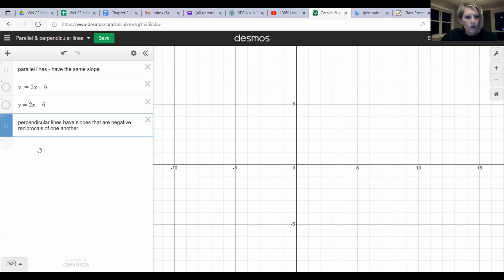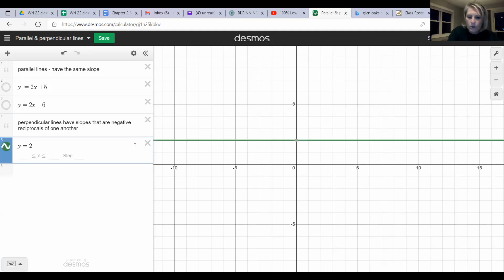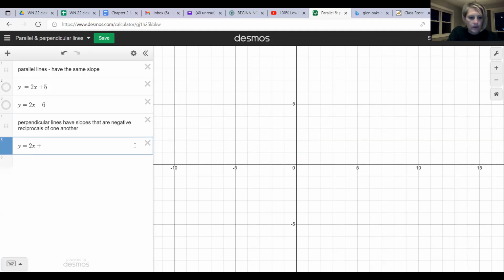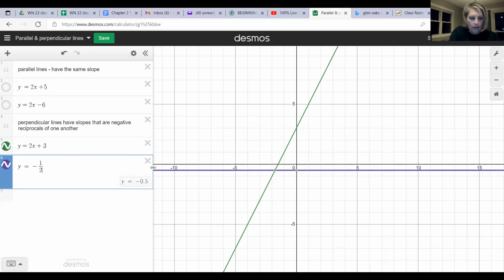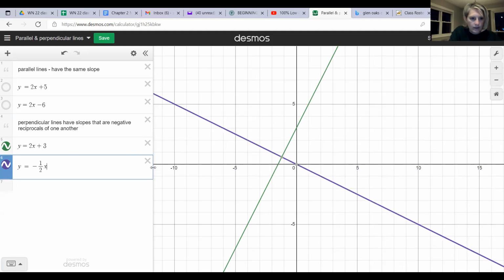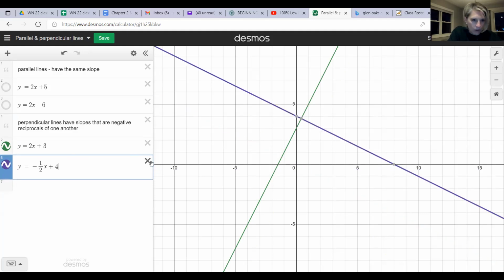So let's just graph two lines that are reciprocal so you can see what visually this would look like. So if one had y equals 2x plus 3, a perpendicular line that has negative reciprocal slopes would be y equals negative 1/2 x plus 4, we'll say.